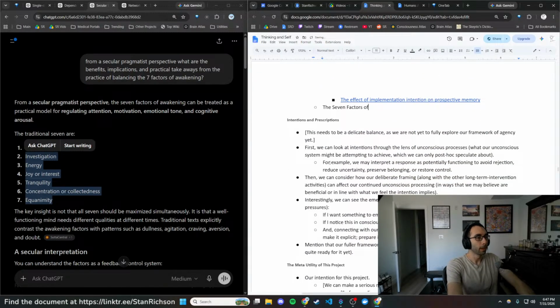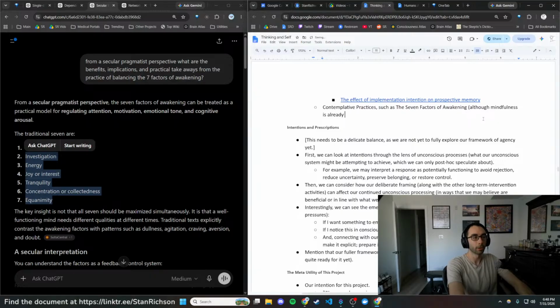Factors of awakening. So, contemplative practices such as, boom. Although mindfulness is already covered by perception, by reflection.